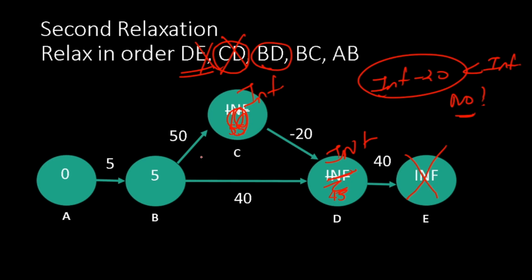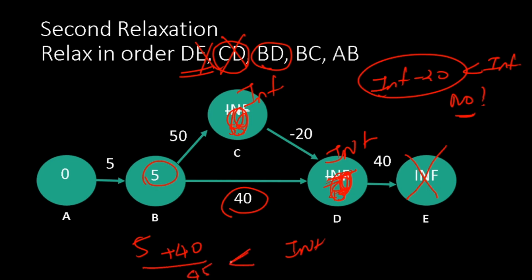BD. Is there relaxation happening here? Let's see. 5 plus the distance 40. Compare it with infinity. What is your answer? 5 plus 40 is 45, and 45 in any number system is less than infinity. So we simply rewrite infinity to 45. I hope that makes sense.